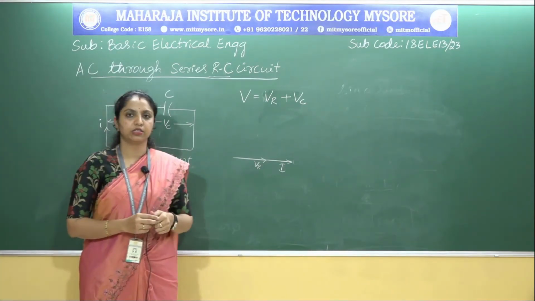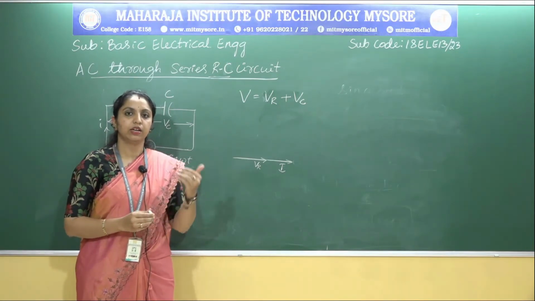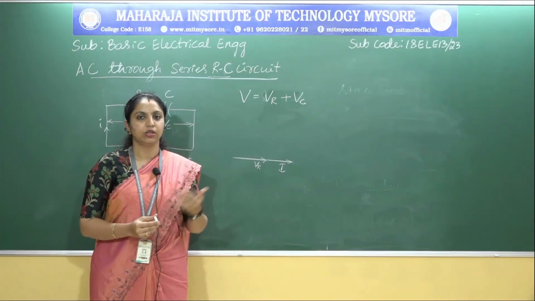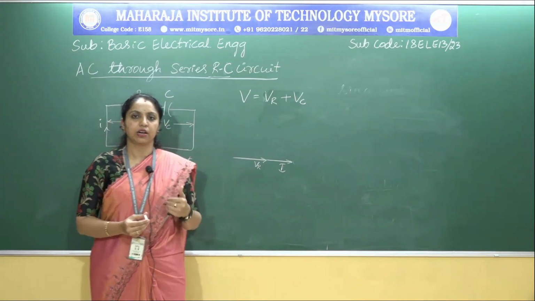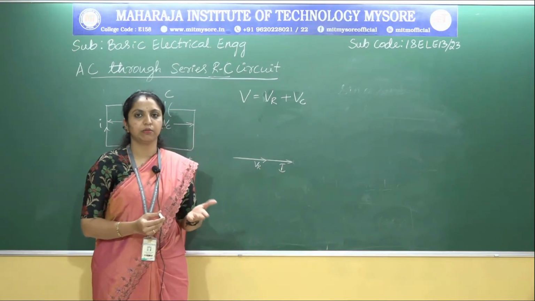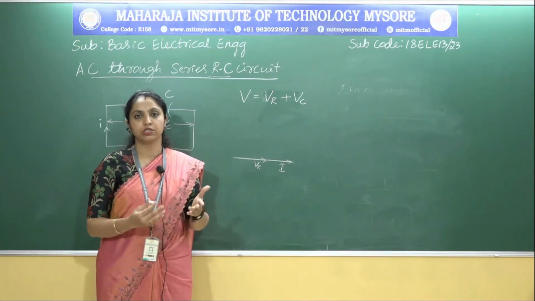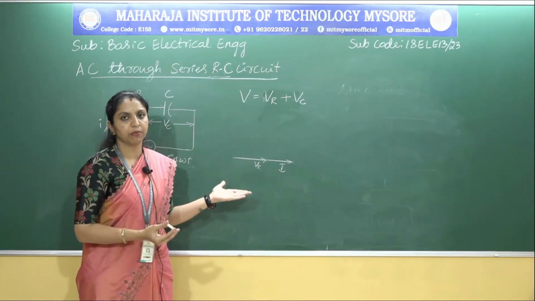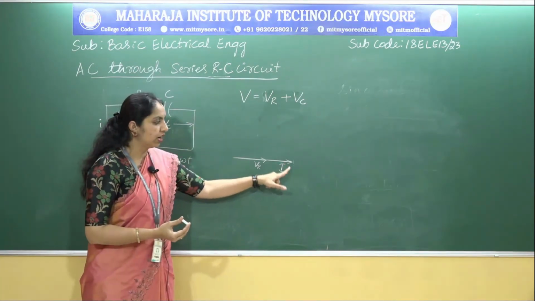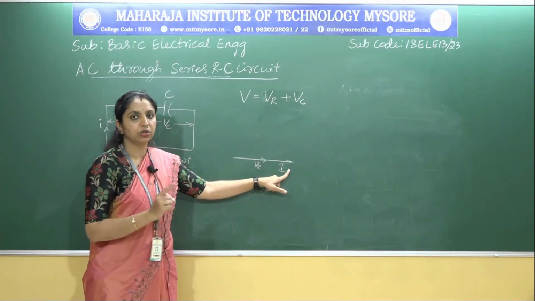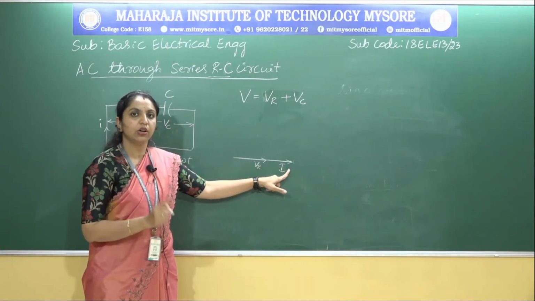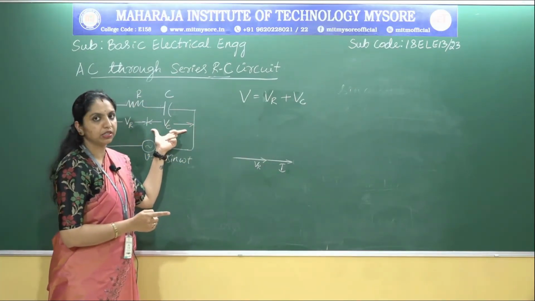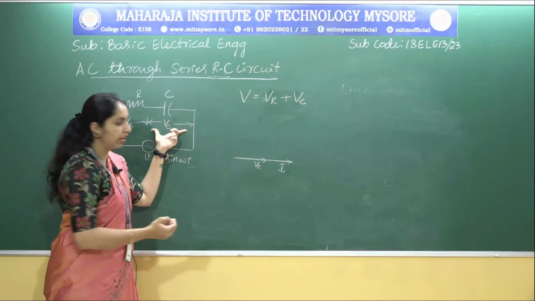In a pure capacitance circuit, you have learned that current leads voltage by 90 degrees. Let me repeat: current leads voltage by 90 degrees, so the voltage drop across the capacitance lags the current by 90 degrees.